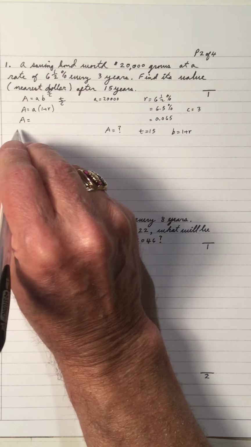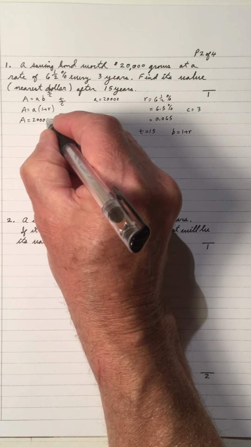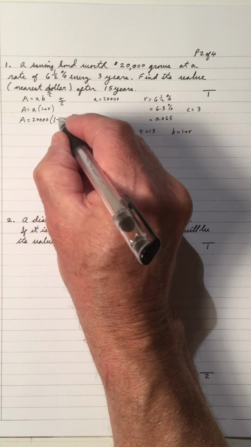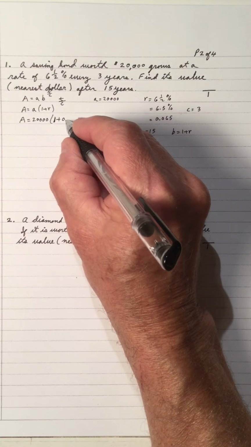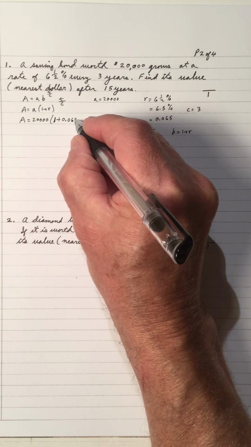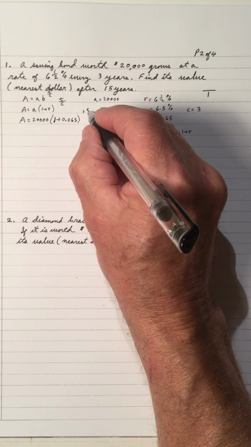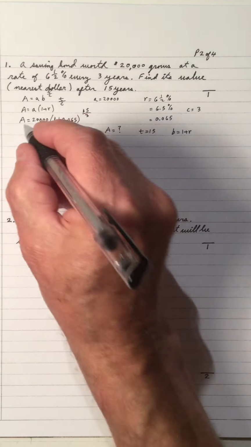Small a is 20,000, the rate is 0.065, the time is 15 years, and the increment change is every 3 years.